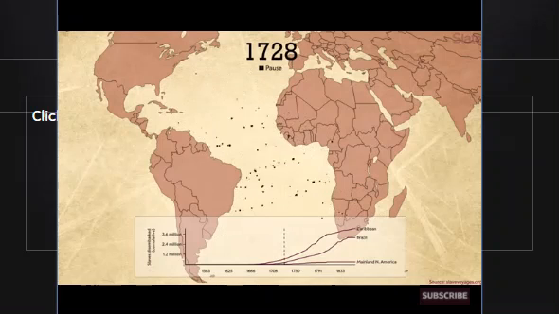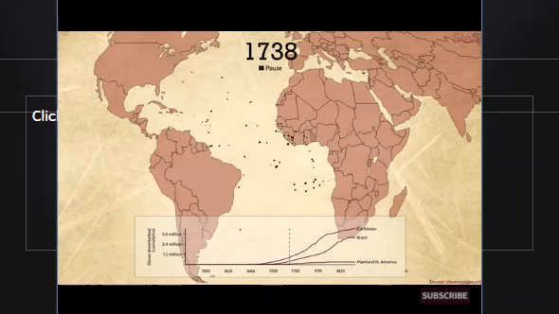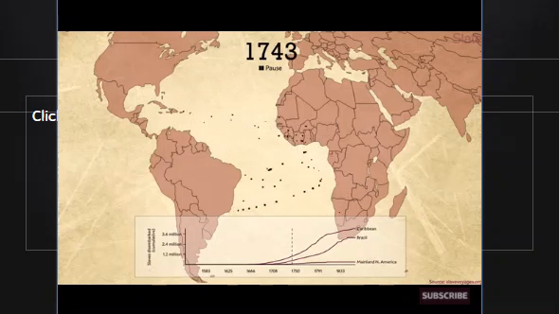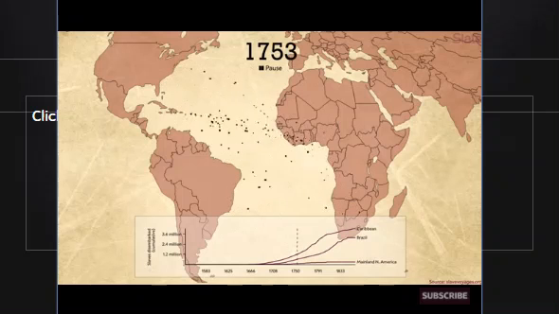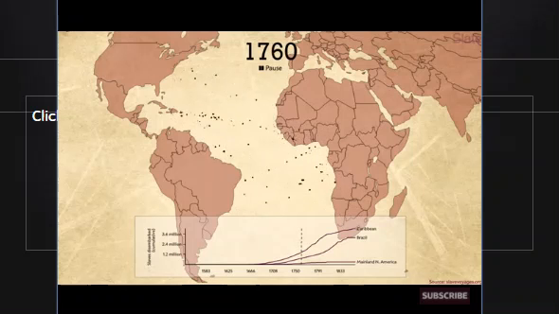Now, we have officially gone past the dates of time that we are studying because we're now in the 1700s, but I still think it's really important to just see the mass quantity. Think each of these little dots that you're seeing fly across the ocean is carrying anywhere from 50 to 200 people to be sold.